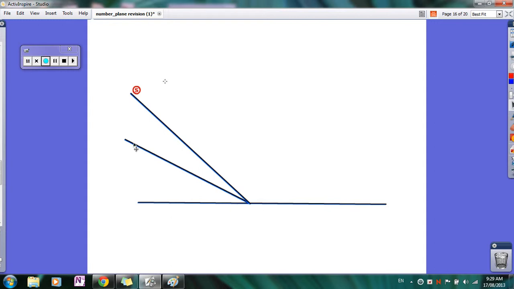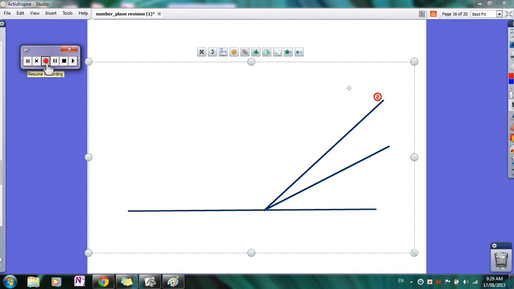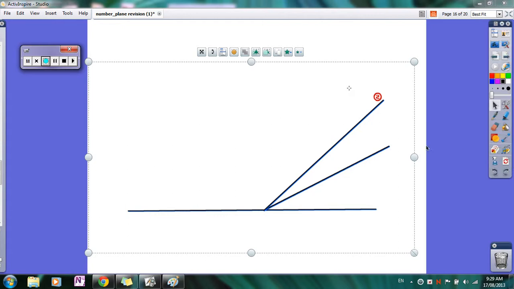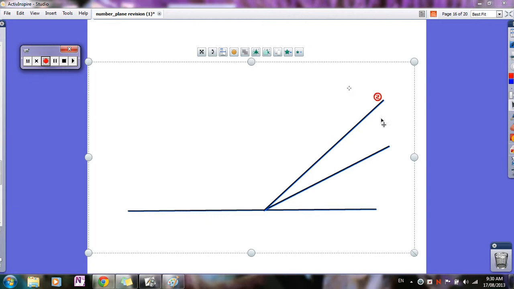I'll have to work out some way of measuring the steepness of the line. Okay, sorry, I've just flipped the image around so that we can look at it that way, and I'll explain why I did that later. How can we measure the steepness of this line and the steepness of that line in such a way that I can tell people, this is this gradient and this is that gradient?